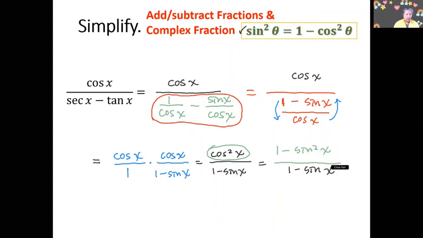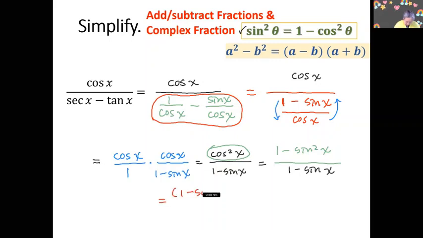Then another tip. Again and again and again, it's difference of squares. Then the numerator 1 minus sine square x can be factored into this form: 1 minus sine of x times 1 plus sine of x. Then let's say the denominator is still 1 minus sine of x here.